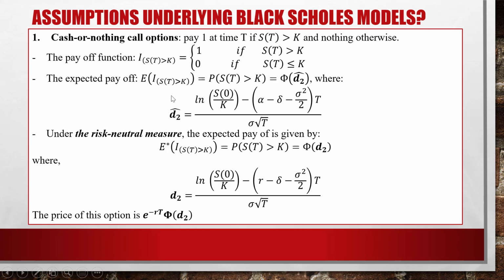Here d2 and d2 hat differ in alpha and r. So in order to obtain d2, we basically replace alpha with r. And the price of this option is e^(−rT) Φ(d2).